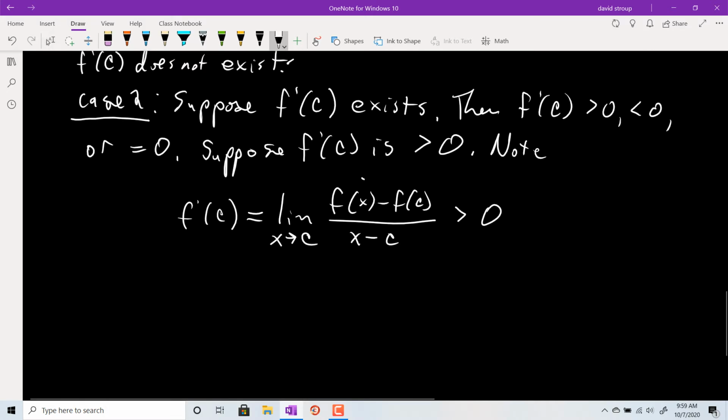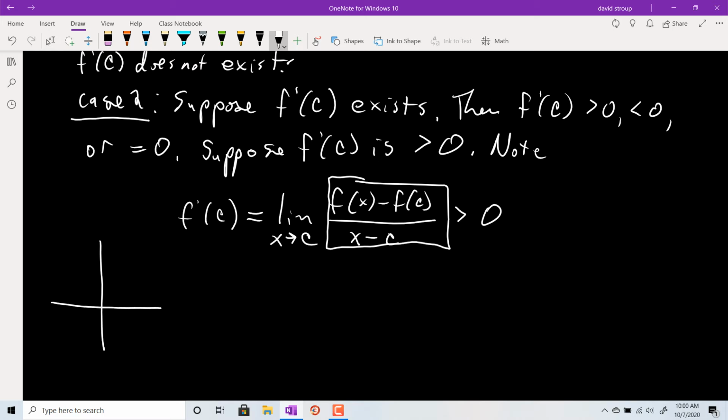And if you look at this thing as a function unto itself, this statement is saying that the graph of this thing ends up above the x-axis. So the limit as x goes to c will end up above the x-axis at some number L up here.